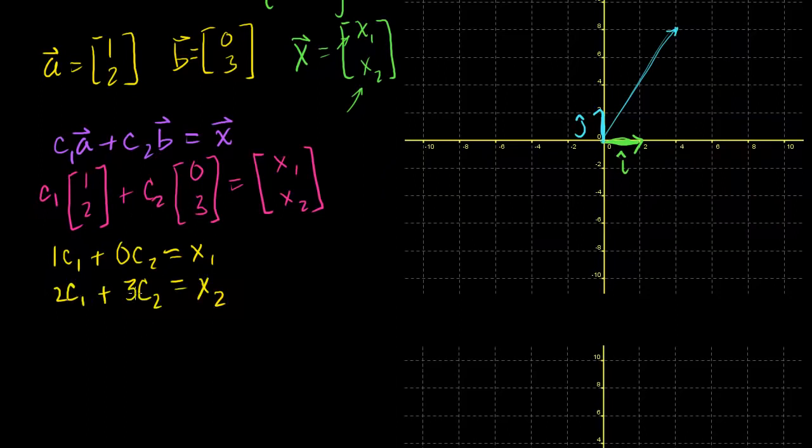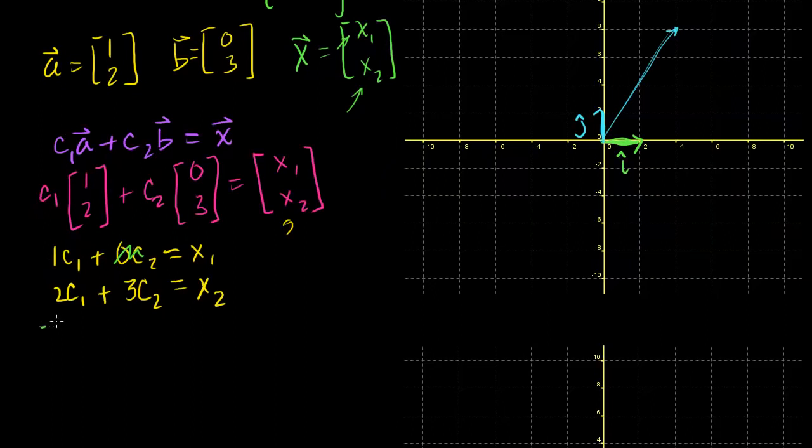Now, if I can show you that I can always find c1s and c2s given any x1s and x2s, then I've proven that I can get to any point in R2 using just these two vectors. So let me see if I can do that. This is just a system of two unknowns. So let's multiply the equation up here by minus 2 and put it here.